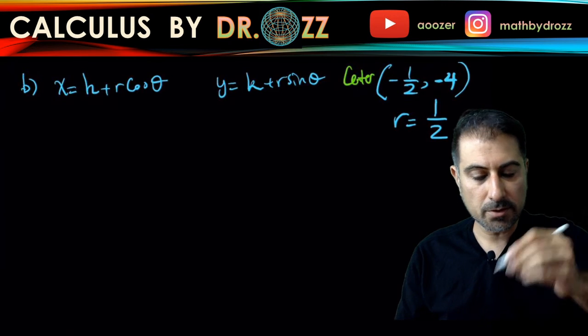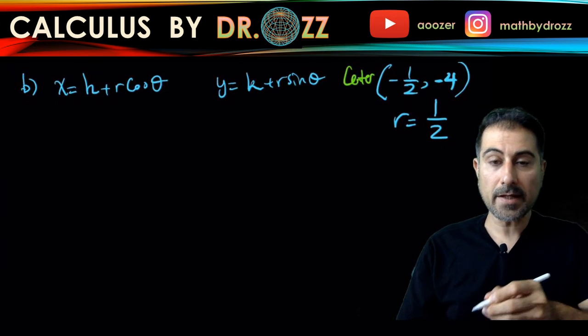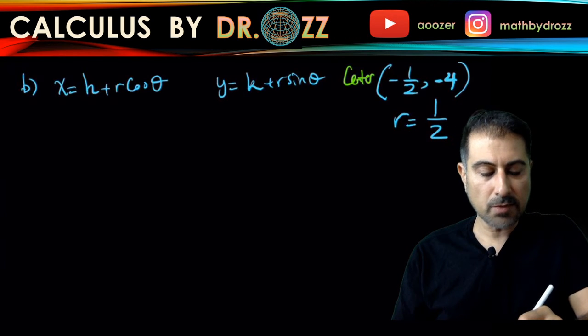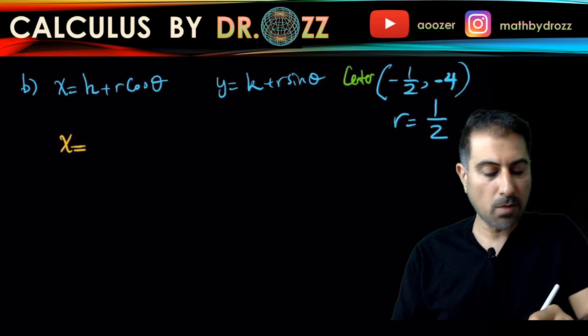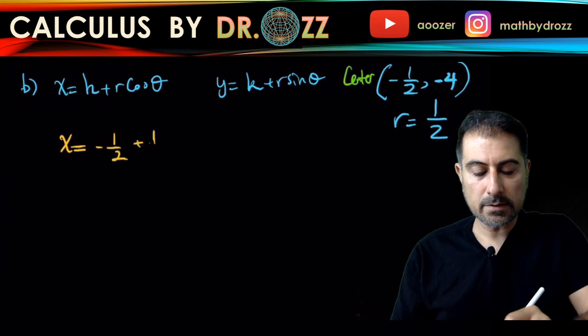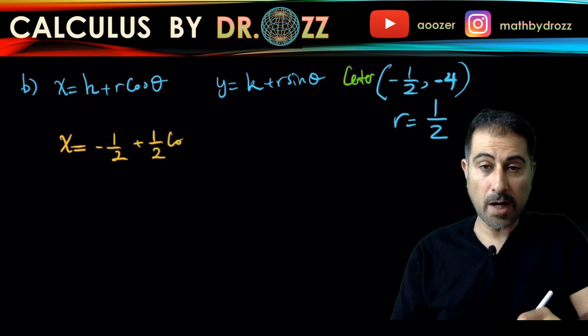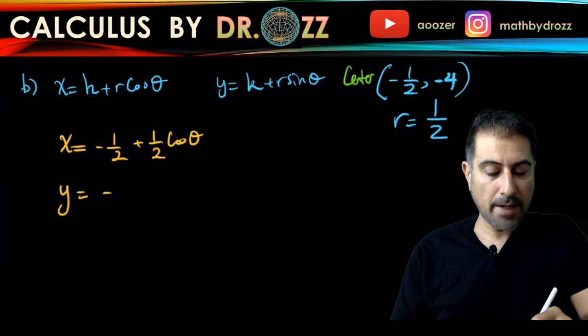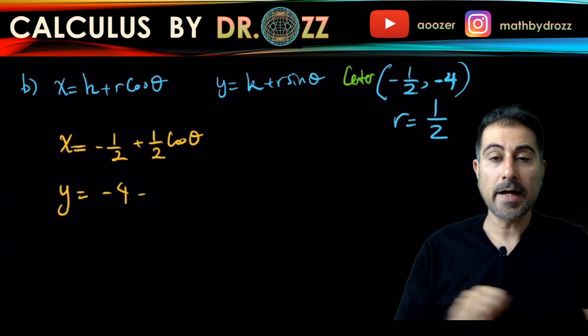So all I'm going to do is place those numbers back into this parametric representation. The x coordinate of the center is -1/2, r equals 1/2. And for y, that's the y coordinate of the center, -4, plus 1/2 sine theta.